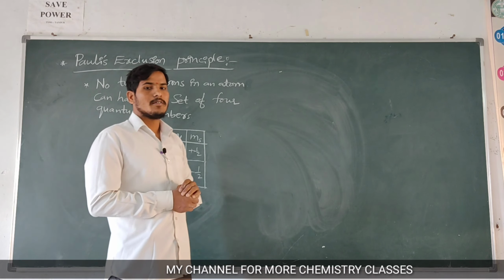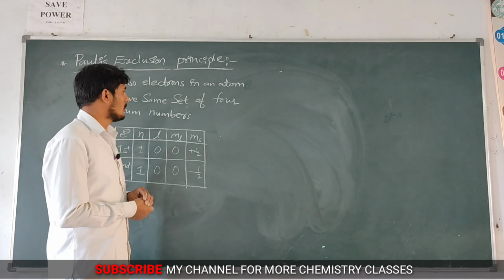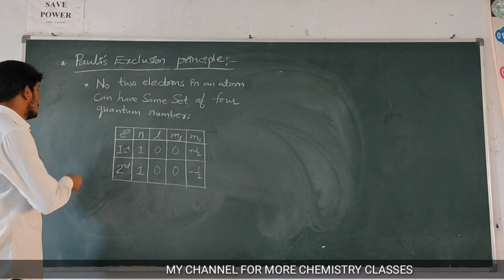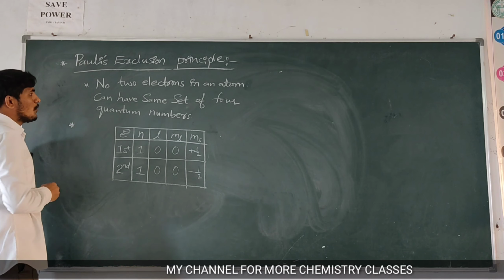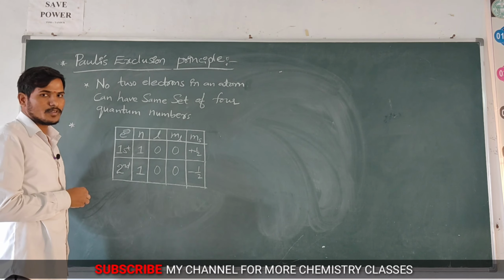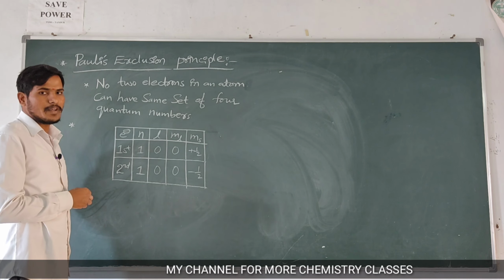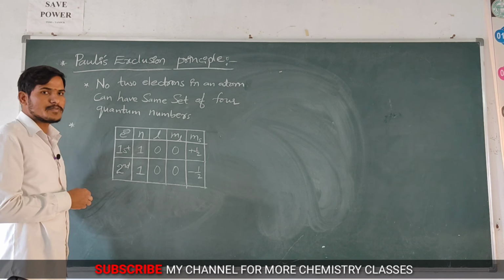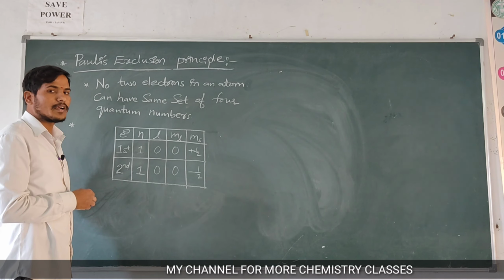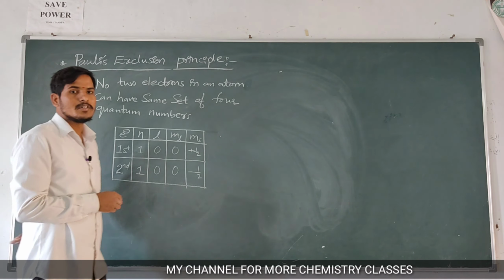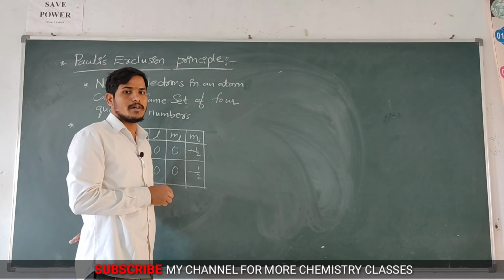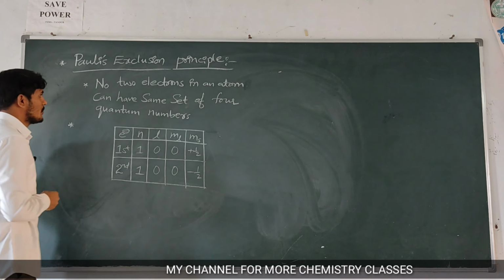When an atom contains a number of electrons, and we observe any two electrons, they do not have the same set of 4 quantum numbers. This is called Pauli's exclusion principle.